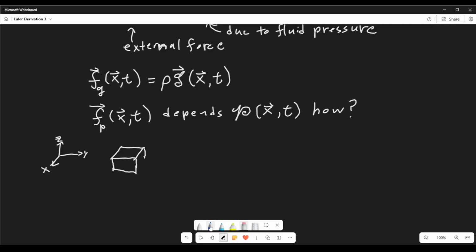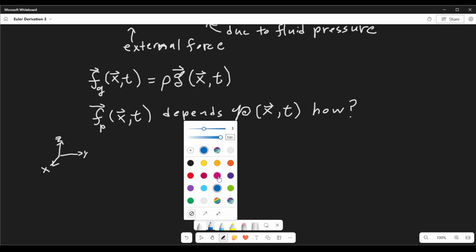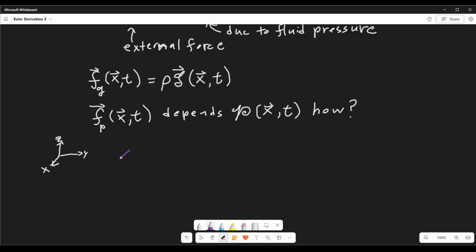I don't know how to do a good job with the box. So here is this little box. And this box has a width or length or whatever of delta y.